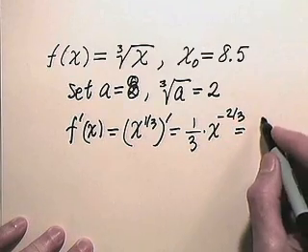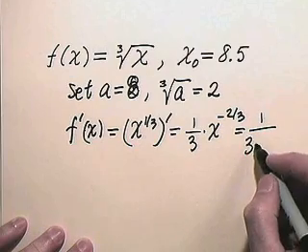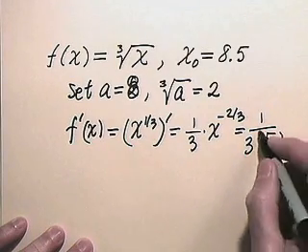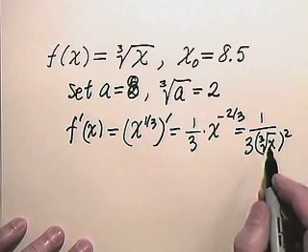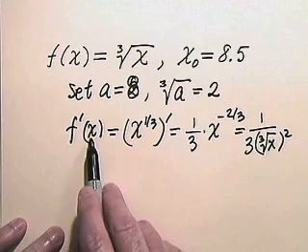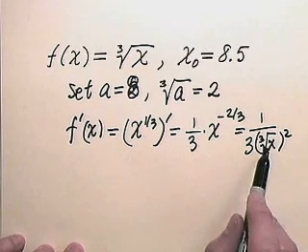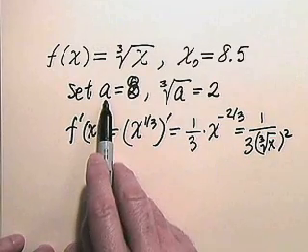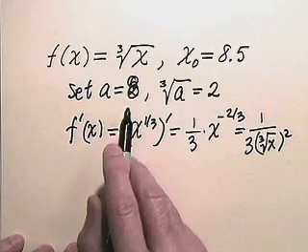The negative brings this down into the denominator, so we have 3x to the 2/3, which means 3 times the cube root of x quantity squared. And so you see the problem of computing the derivative turns out to be the same as the problem of computing the original function, namely to compute cube roots, but we've chosen our center of approximation to be a point where we can easily compute the cube root.